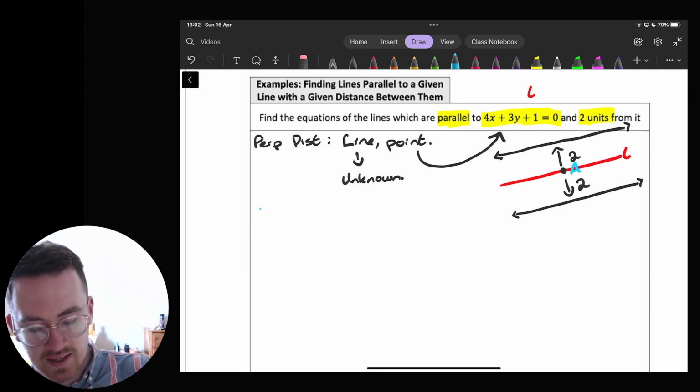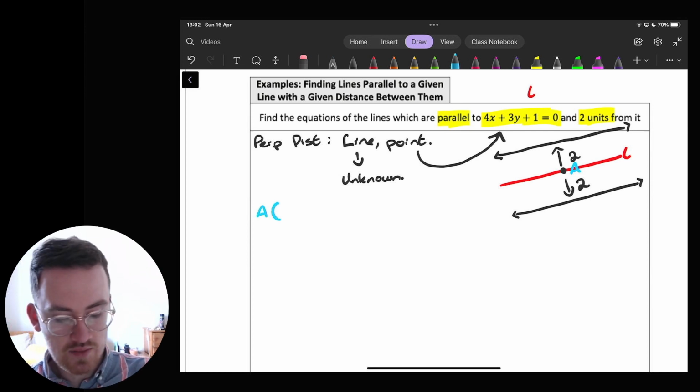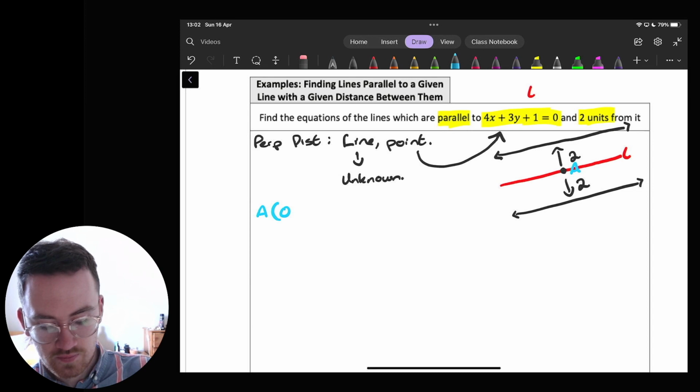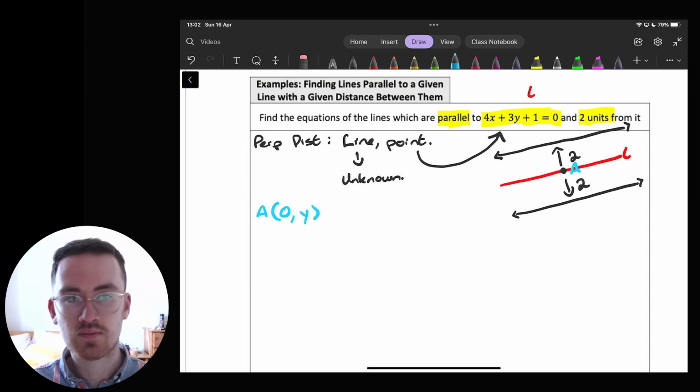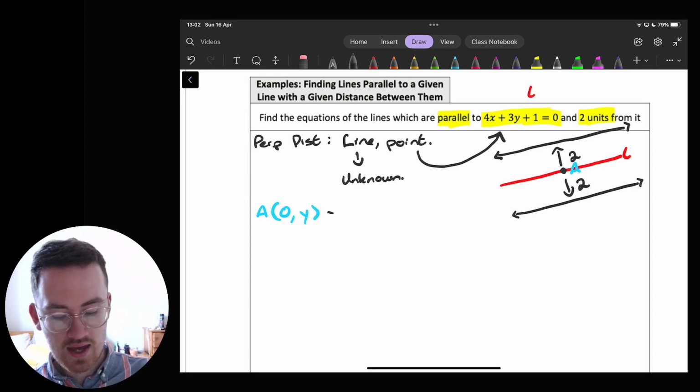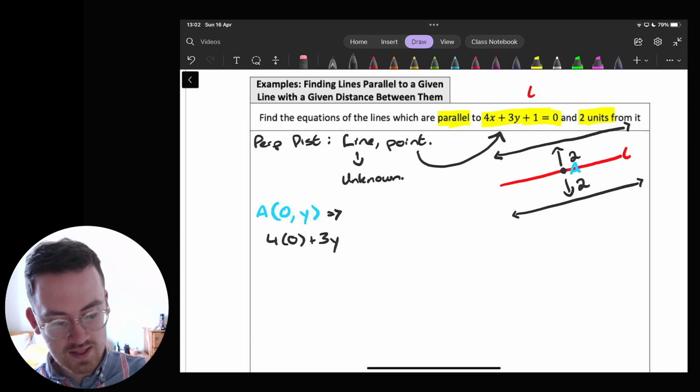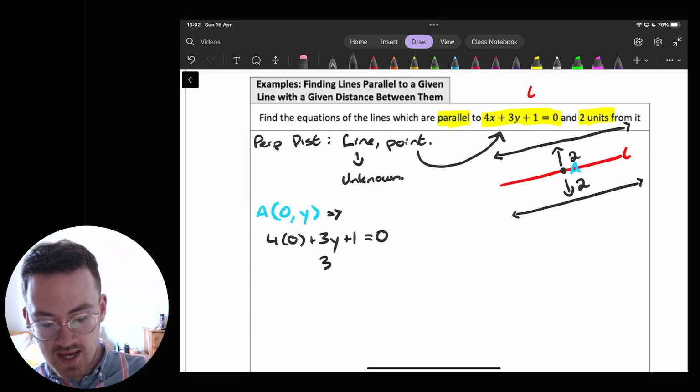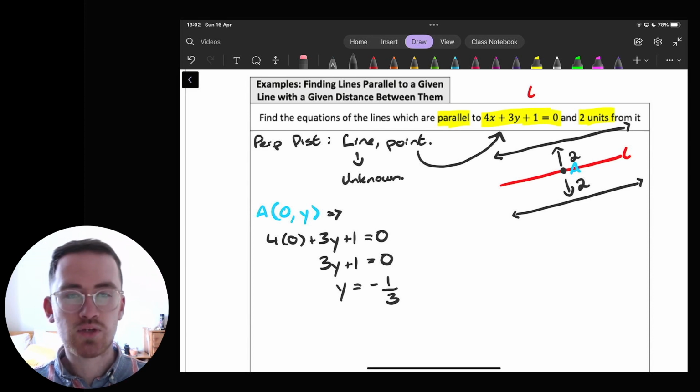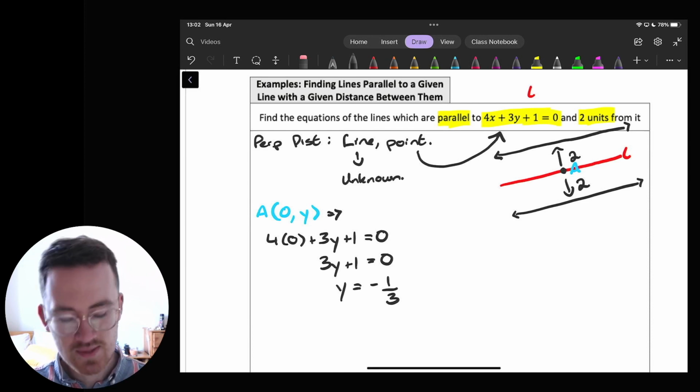So let's say that A is when x is equal to 0. Let's sub that into our equation of the line. So x is 0, we don't know what y is, and I'm just trying to find any point on this line. I could have similarly picked any value for x or any value for y, but it's easier to just pick where x is 0 sometimes.